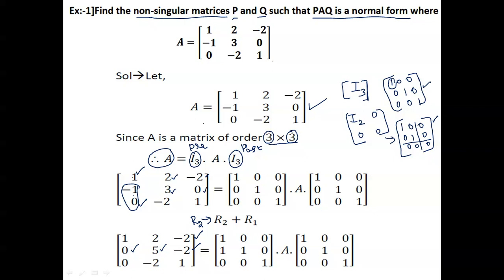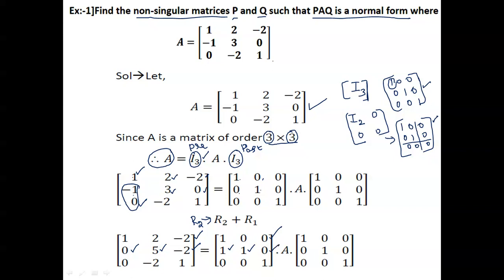Now we have to apply the row operation on the left hand side of A. This operation is applied on the prefactor of A on the right hand side. Prefactor means I3, so the same I3, 1 0 0. The first row is written the same. In the second row, 0 plus 1 is 1, 1 plus 0 is 1, 0 plus 0 is 0.